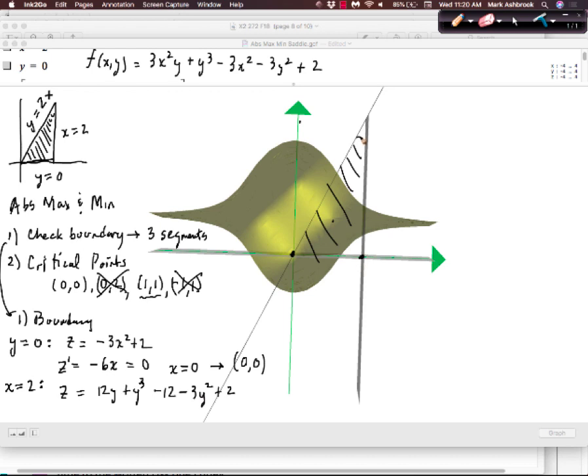So we have the trace of the gold surface along x equals 2, and we want to do the derivative. So dz/dy, right? Z prime. This was dz/dx, this is dz/dy. It's going to be 12 plus 3y squared minus 6y. And we've got to figure out for what y values that is 0. We want to get critical points. It's like a little sub-problem, right? We want the critical points along that boundary.